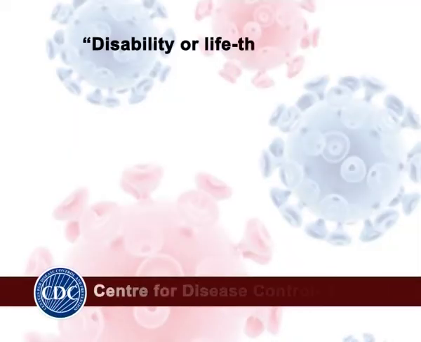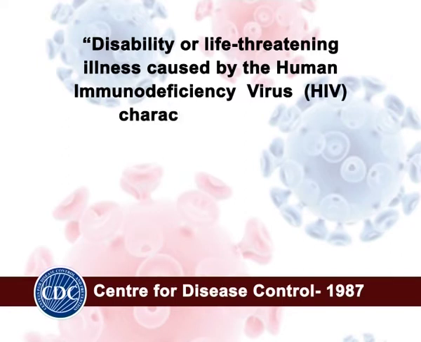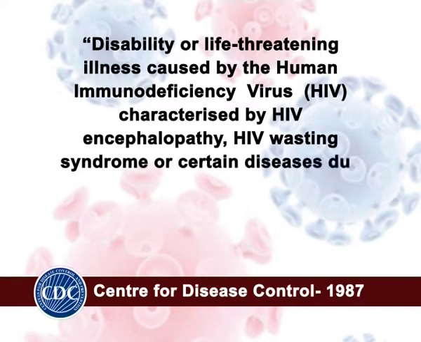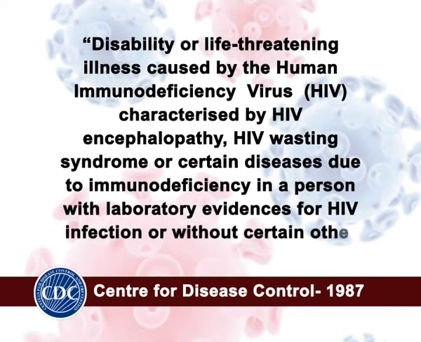The definition of AIDS was revised on 1 September 1987 by the CDC as a disability or life-threatening illness caused by the human immunodeficiency virus, also known as HIV, characterized by HIV encephalopathy, HIV wasting syndrome, or certain diseases due to immunodeficiency in a person with laboratory evidence for HIV infection, or without certain other causes of immunodeficiency.